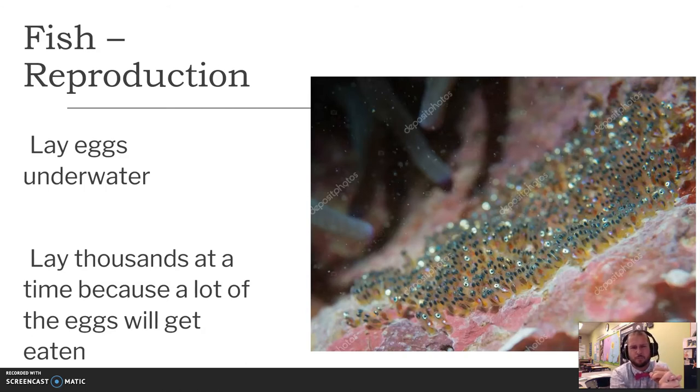Number one, the eggs will get eaten by predators of some sort. Number two, the baby fish will get eaten by predators of some sort. So if they are going to survive as a species, if any of those babies are going to become adults, they have to lay eggs in such a mass quantity so that some of those babies will eventually become adult fish and be able to reproduce again.